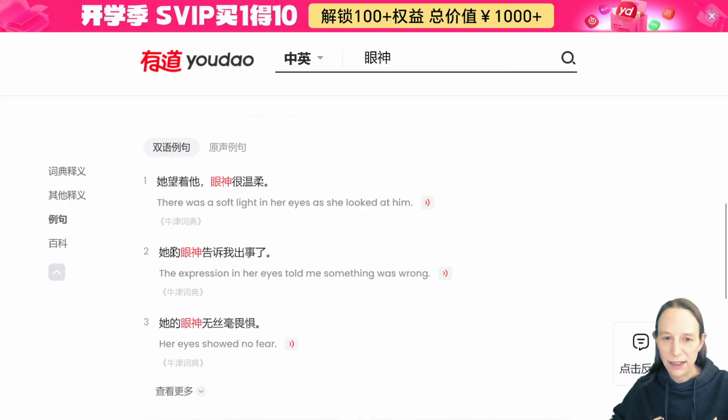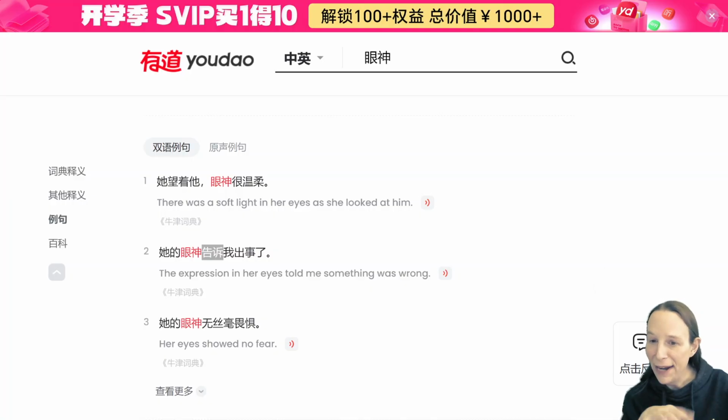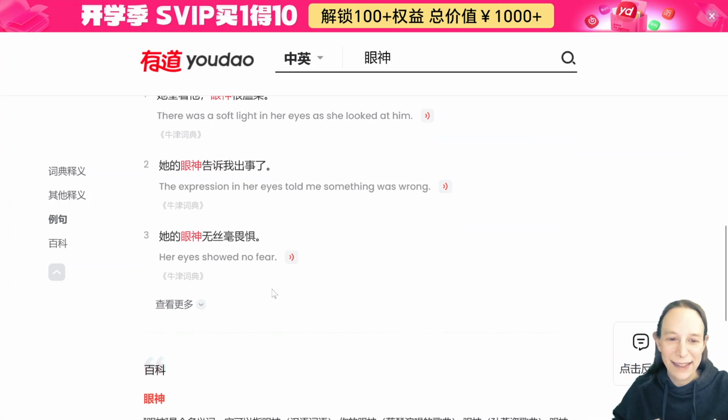So, but yeah. This is actually not a bad phrase. 他的眼神告诉我有问题. So her facial expression told me something's up, this sort of thing.